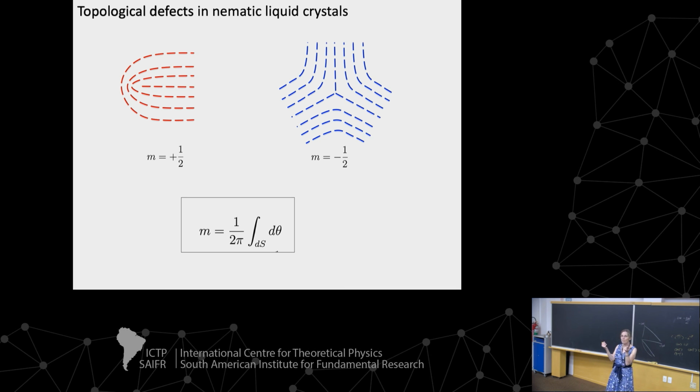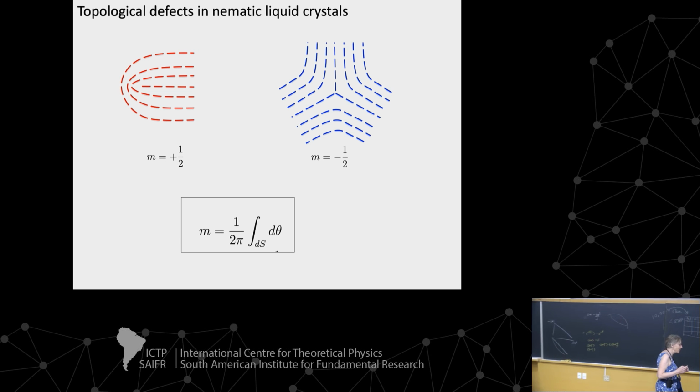So plus a half, minus a half defects anneal out in pairs, just like charges. This is what happens in your laptop screens. People just spend their time trying to get rid of defects like this because they muck up the viewing angle you get on your laptops.